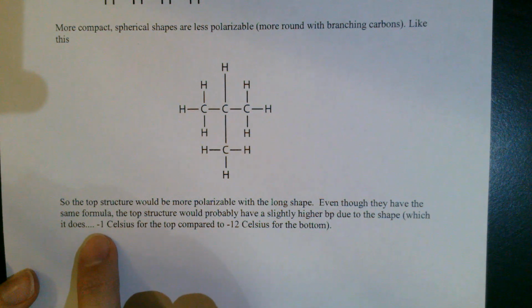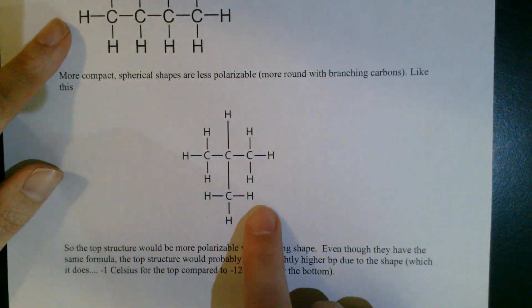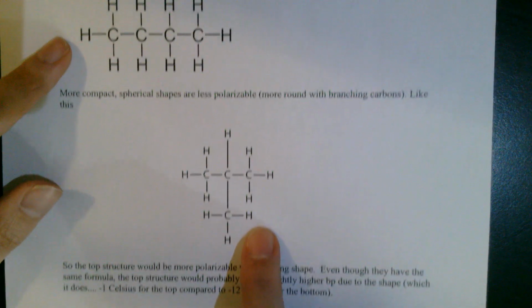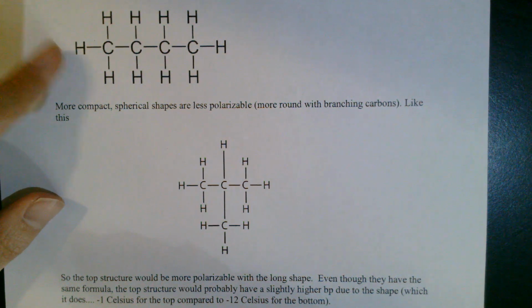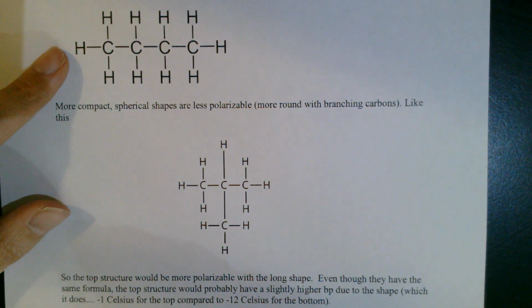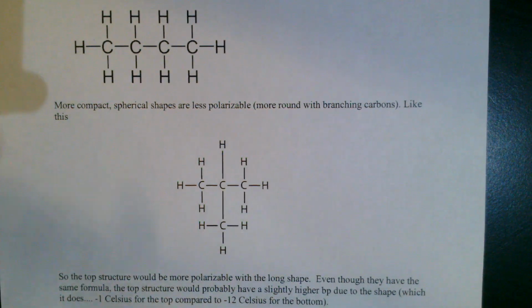When I looked it up, it was -1 Celsius for this one compared to -12 for this one. So again, the difference between these two is just in the shape, where this long chain shape is more polarizable. Think of an elongated shape as more polarizable than this one here.